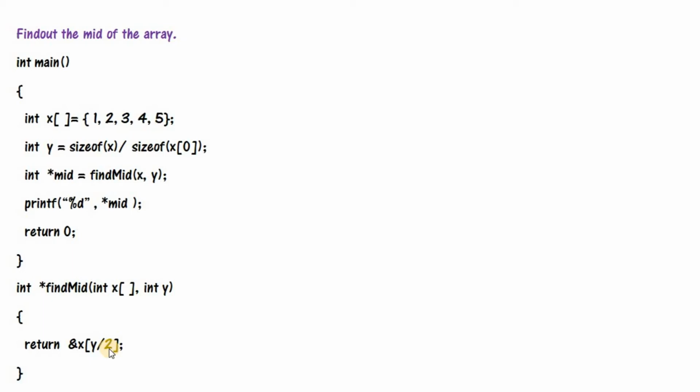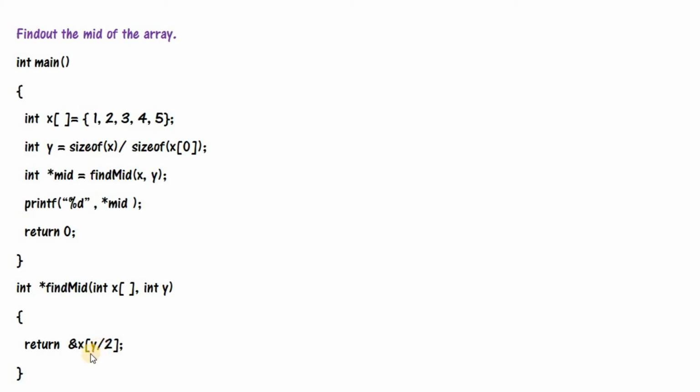We know that y contained value 5, according to this example. 5 divided by 2 is 2.5. But as it is an integer division, therefore 0.5 gets truncated and we are left with value 2.